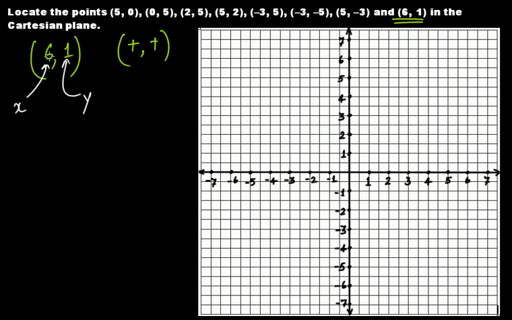So you have to travel 6 units in the positive direction of the x-axis, that comes here, and from this point you have to travel 1 unit in the positive direction of the y-axis, that comes here. So if you connect this, you'll get this point P, that is (6, 1), and it comes in the first quadrant.